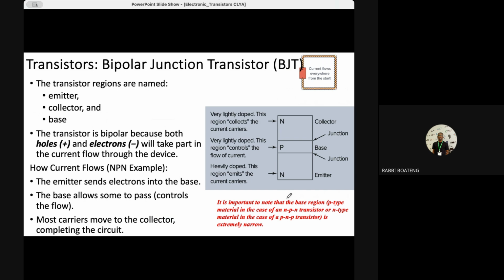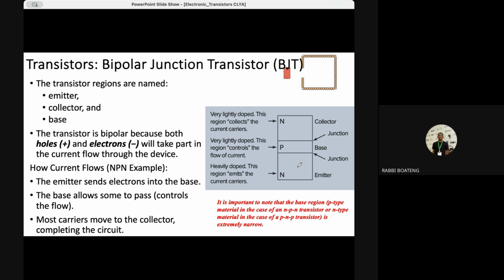Now let's go on. Now I've made a very small chart here, which is very important. The emitter, the base, and the collector are all three different sections that are together. When I say different sections, the emitter is heavily doped. Is that okay? And anytime you see an n-type, the excess is going to be what? Electrons.